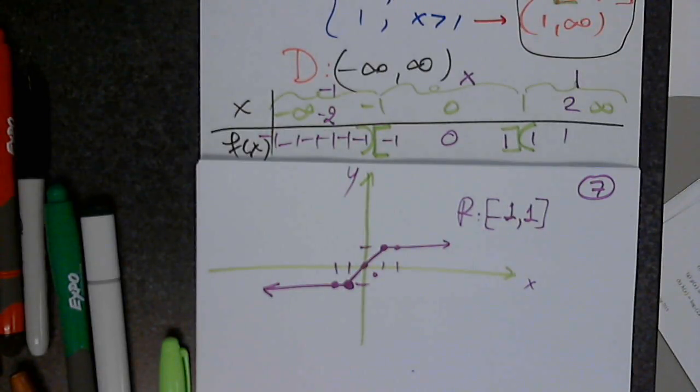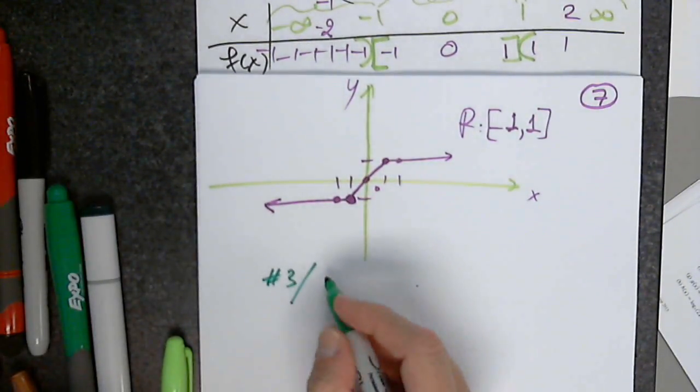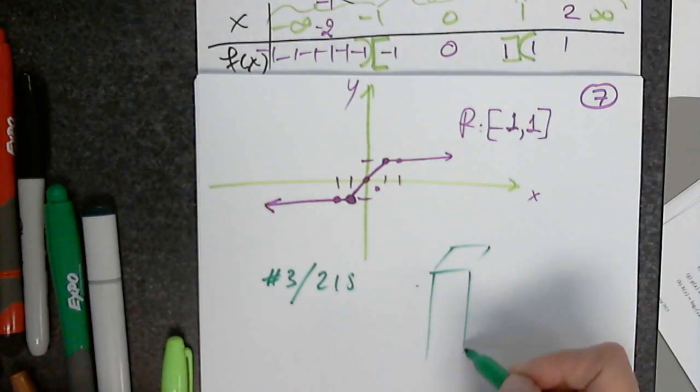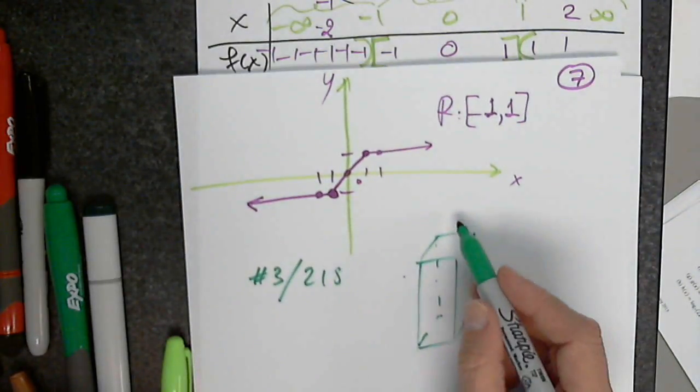Any questions on the modeling? Yes. Okay, let's look at the modeling. Number 3. Actually, all of them. Number 3. My rectangular box has a square base. So we are looking at problem 3 on page 218, and we have a rectangular box with a square base.